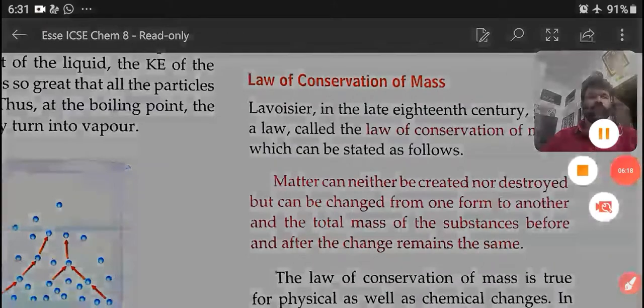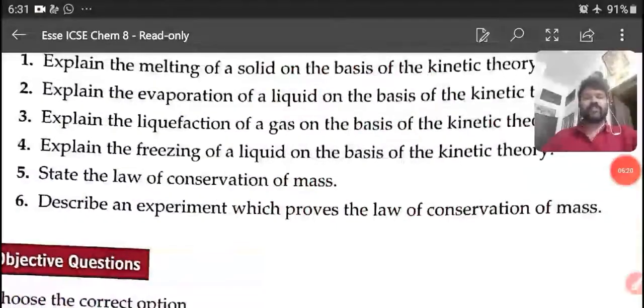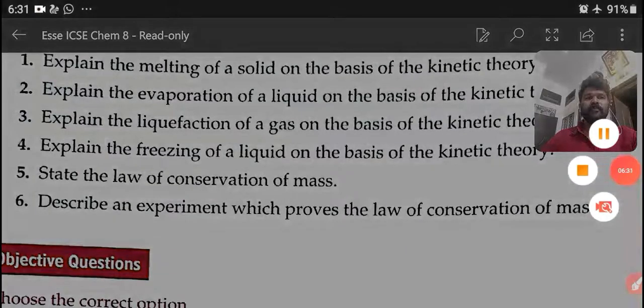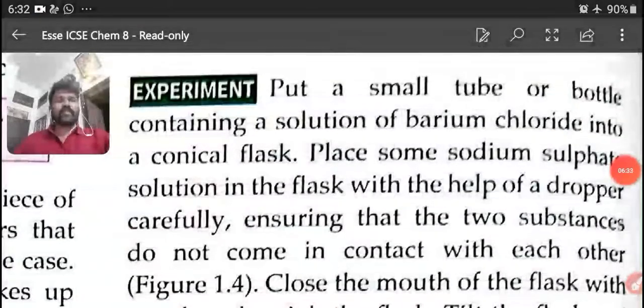Okay. Our last question from the long answer part. Describe an experiment which proves the law of conservation of mass. Please open page number 4 and mark the experiment.